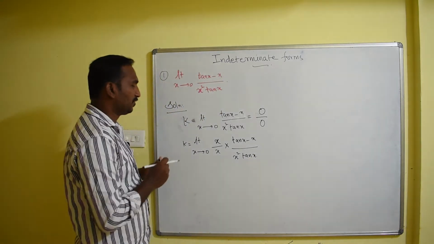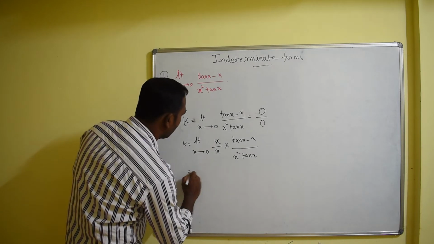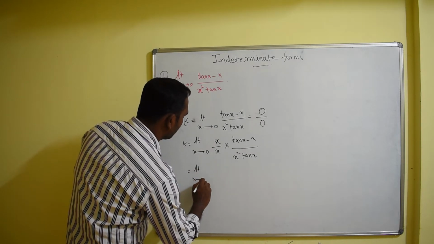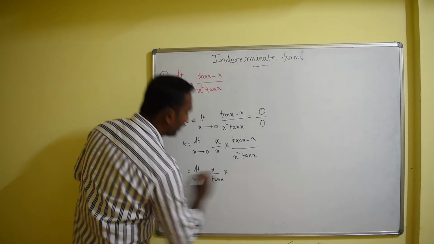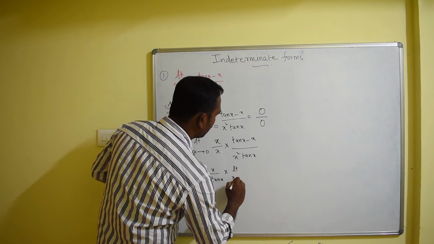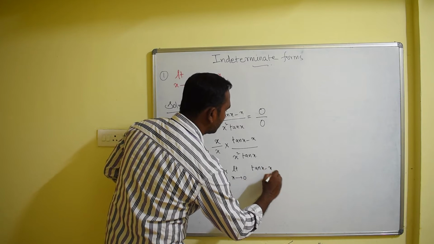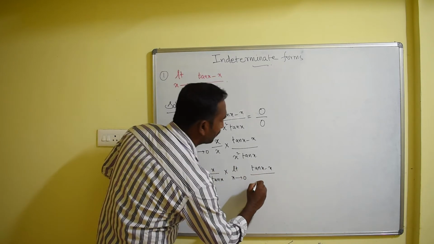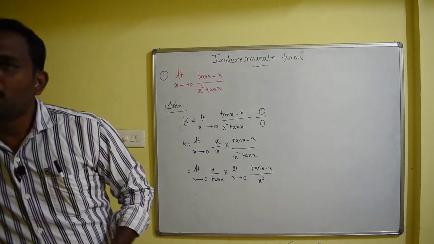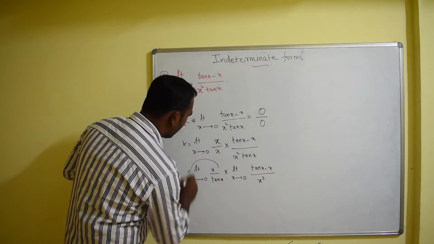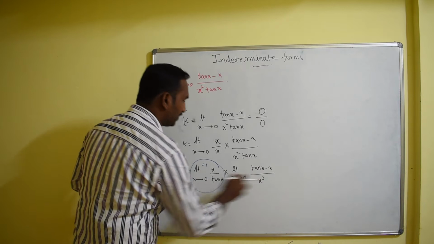Now we already know x and tan x will give 1, so I can rewrite it as limit x tends to 0 of x by tan x, into limit x tends to 0 of the rest of the value, that is (tan x minus x) divided by (x times x square), that will give x cube. Now we already know x by tan x will give 1, so 1 into this value, so it is enough to find only this value.